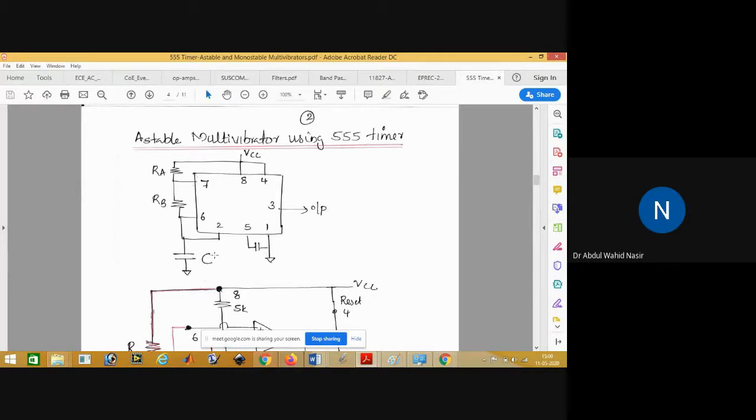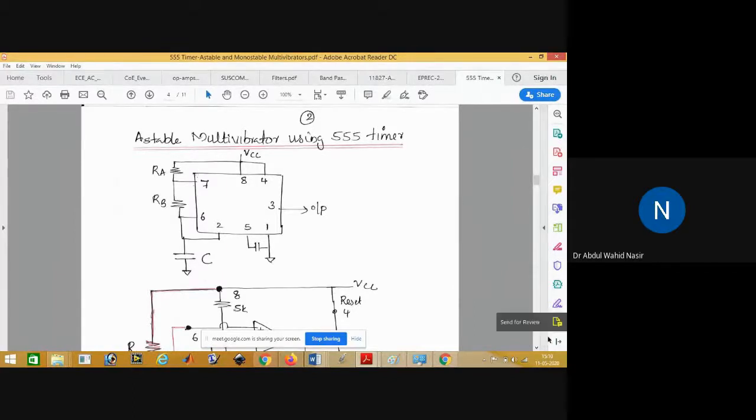This capital C is the capacitor through which it will first get charged and then get discharged. The resistors and capacitor will have some values. With the selection of these values, we can define the off time and on time.